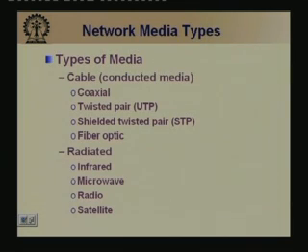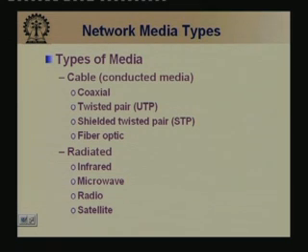So, there are basically two types of media which are used for communication. One is cable. I mean, there are two different classes altogether. So, one is a cable. Now, this cable could be some copper cable, they could be coaxial cable or twisted pair or shielded twisted pair.